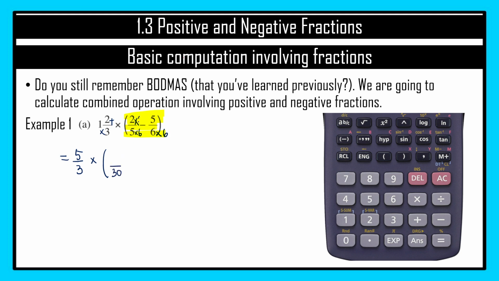Make sure that you correctly multiply the numerator. Alright, so we have 12. Remember, we only minus the numerator, yeah? So 12 minus 25, you get negative 13 over 30.